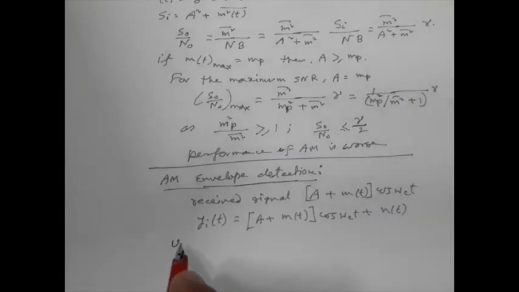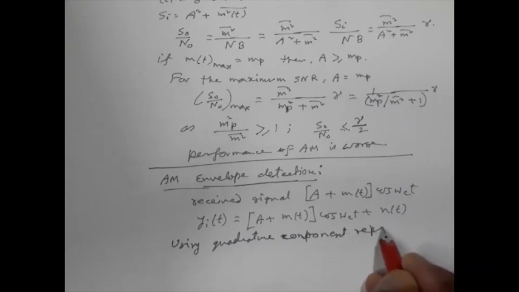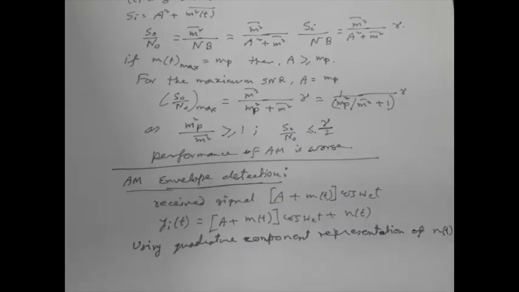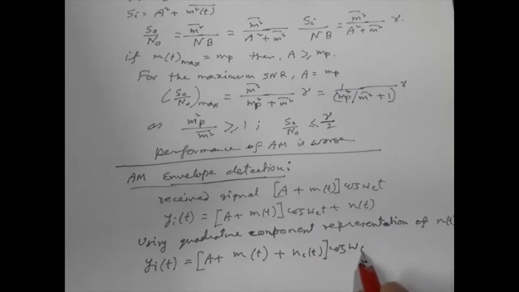Using the quadrature component representation of n(t), we have y(t) equal to (A plus m(t) plus nc(t)) cos omega ct plus ns(t) sin omega ct, where nc(t) is the in phase component and ns(t) is the quadrature component.